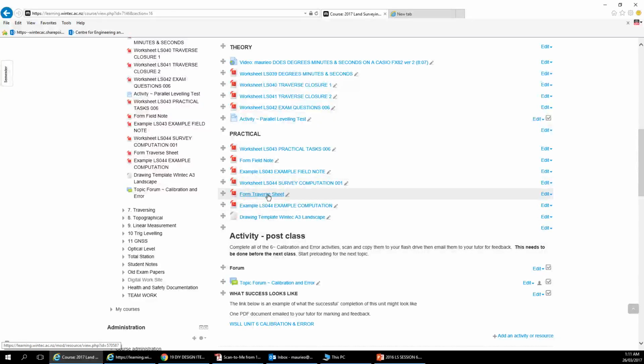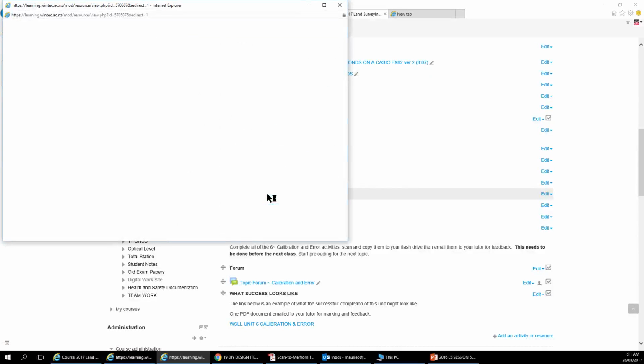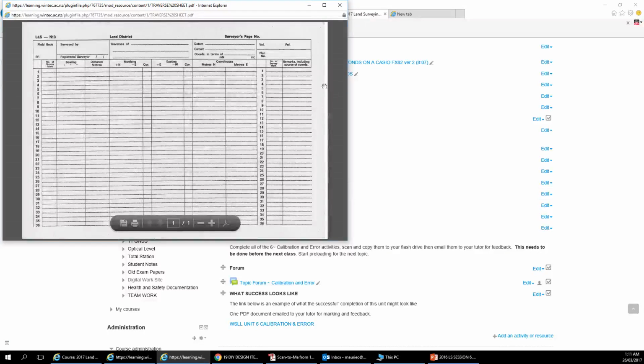Here's a Traverse sheet form for you, typical Traverse sheet form from Lands and Survey, which predates Land Information New Zealand, and even DOSLI, Department of Survey and Land Information. So quite an old form there, but still up to the mark.